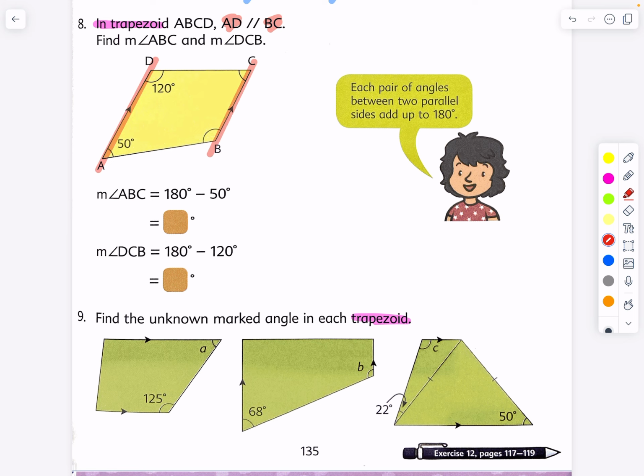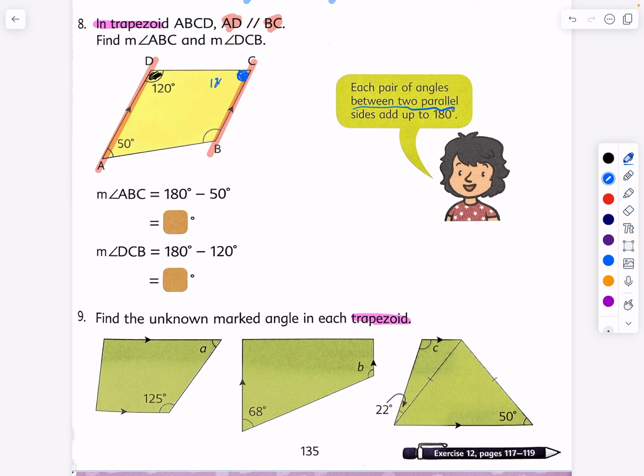It is important that you see AD and BC are 2 parallel sides. What do we know? Each pair of angles between 2 parallel sides add up to 180 degrees. So that means if this is 120, then this angle, 2 neighboring angles between 2 parallel sides, must add up to 180.